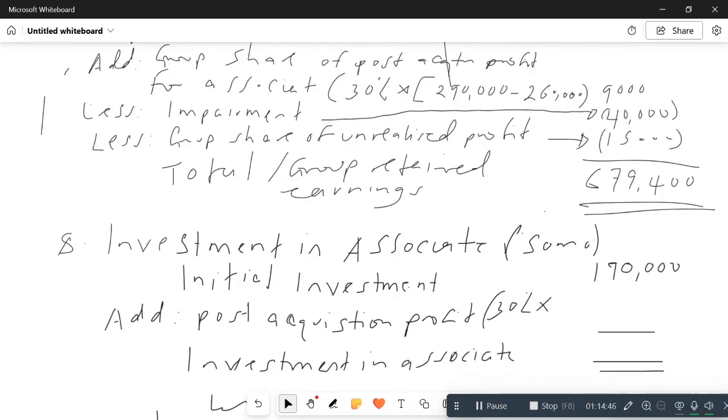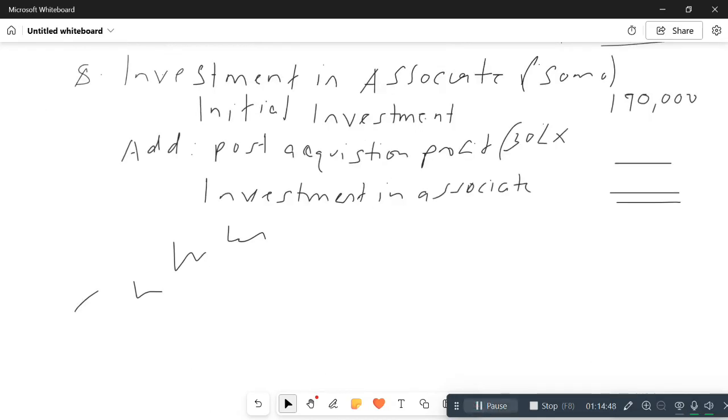You can take 9,000. When you add, you get investment in associate as 199,000. Finished.